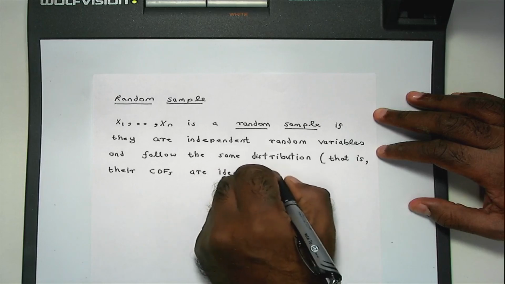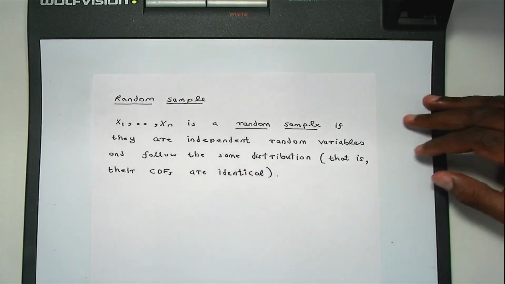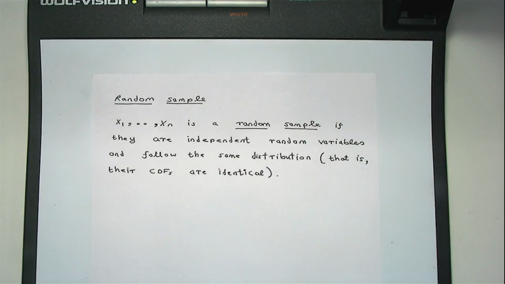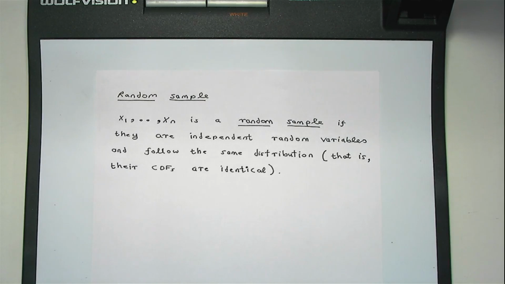So random sample is an important concept, at least in this course. So you need to be clear about what a random sample is. It's a sequence of independent random variables with all the variables having the same distribution function. In other words, the same cumulative distribution function. Now, before I go to the next video, I would like to do a couple of examples.